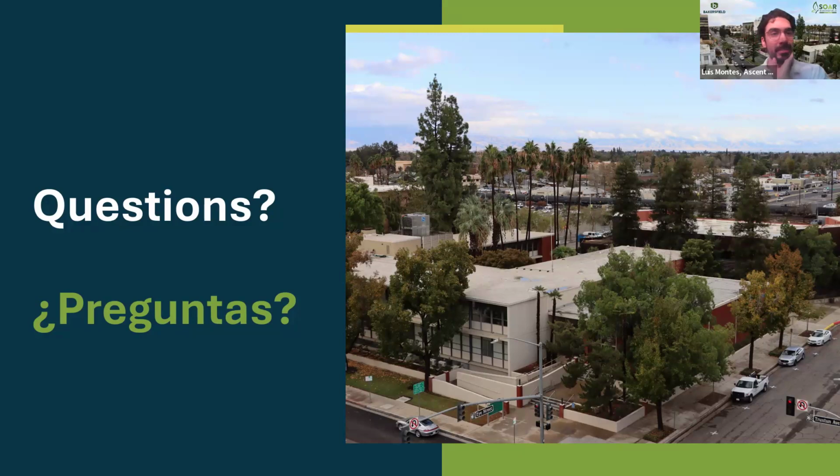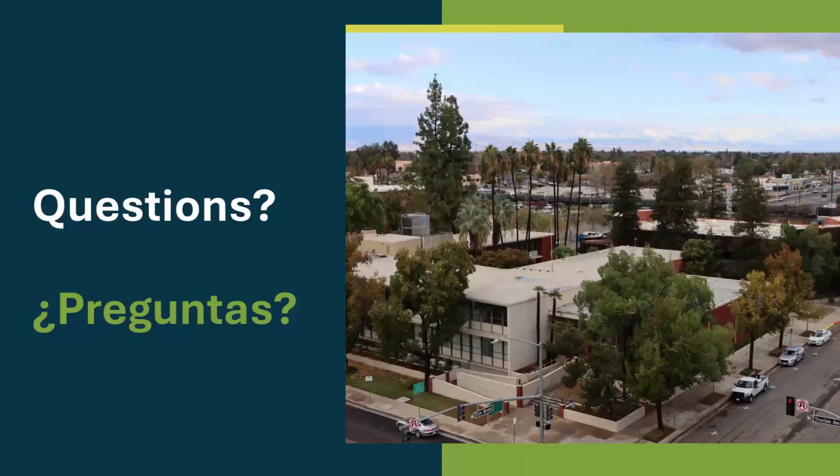Nicola, I see your hand up. Go for it. Yeah, thanks so much. Really appreciate that answer. My next question is, I know that there's no implementation funding tied into this phase of the CPRG program. So I was wondering what the next steps are with this plan.